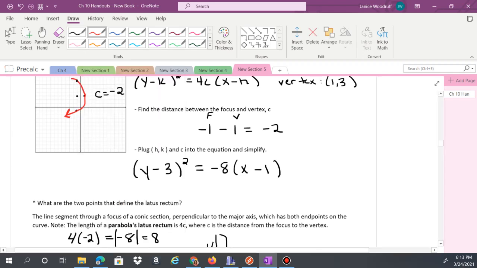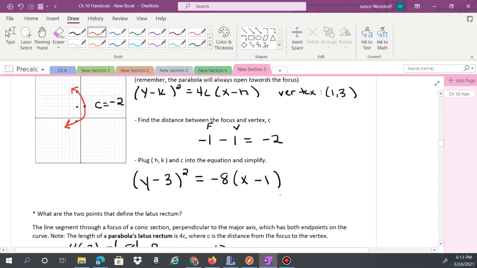So it just helps you to shape your parabola or get another point on the parabola. And then the question is, what are those 2 points? So that's negative 1, 7, and negative 1, negative 1. And the length, just negative 1 minus 7, 8. So the length, just check that, is the right value.